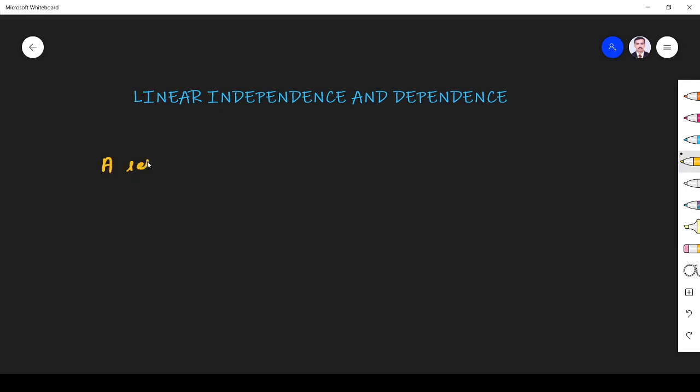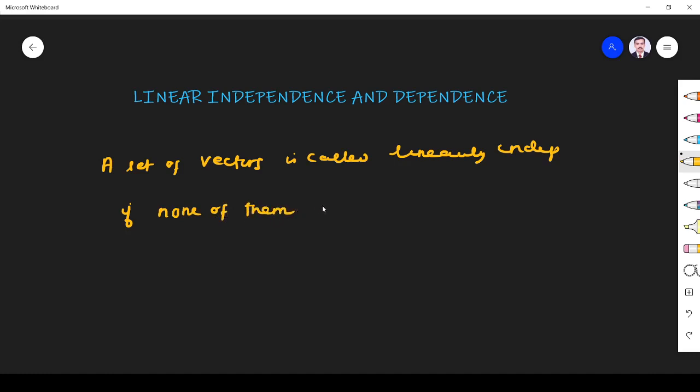A set of vectors is called linearly independent if none of them can be expressed in terms of the other vectors. This is what linearly independent means.